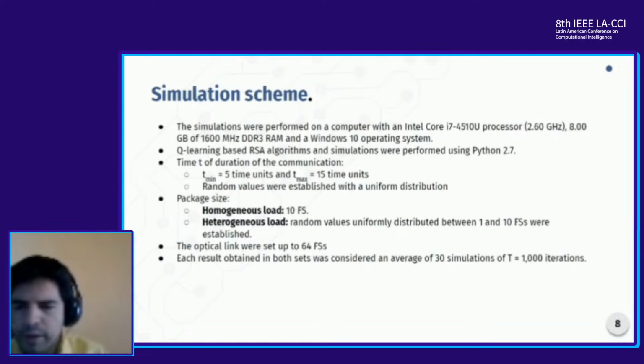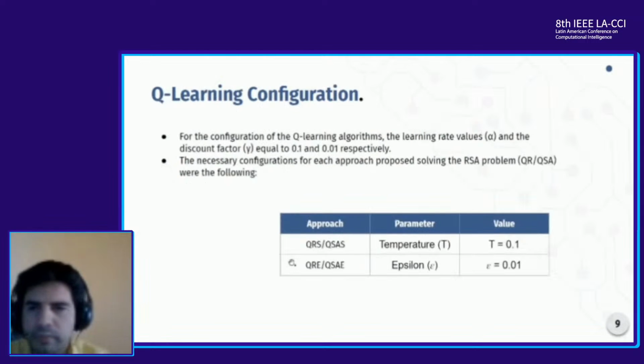The optical links were set up to 16 frequency slots. Each result obtained in both sets was considered an average of 30 independent simulations of 1,000 episodes or time units each.